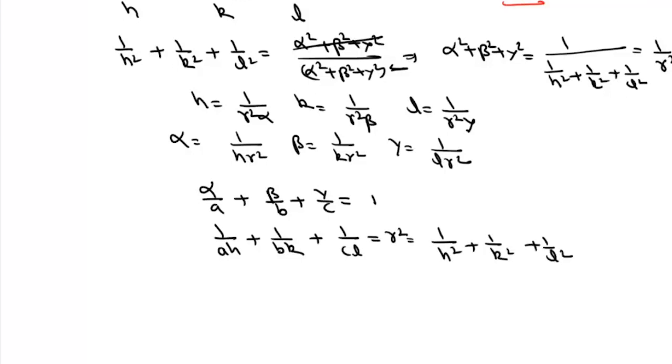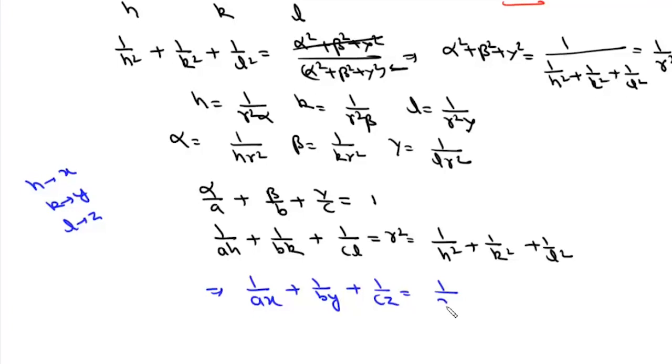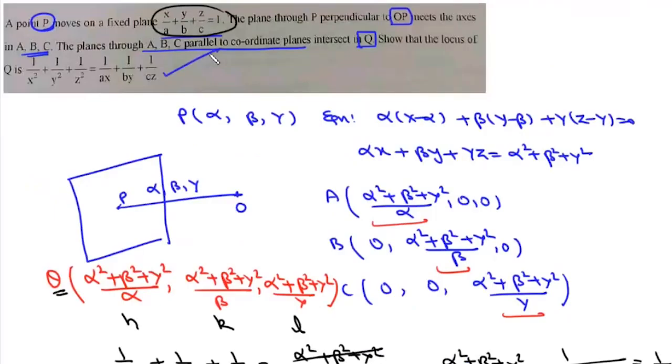Now in the end, we'll replace h with x, k with y, and l with z. So this locus will be 1 upon Ax plus 1 upon By plus 1 upon Cz equals 1 upon x square plus 1 upon y square plus 1 upon z square, which is what we need to prove in this question.